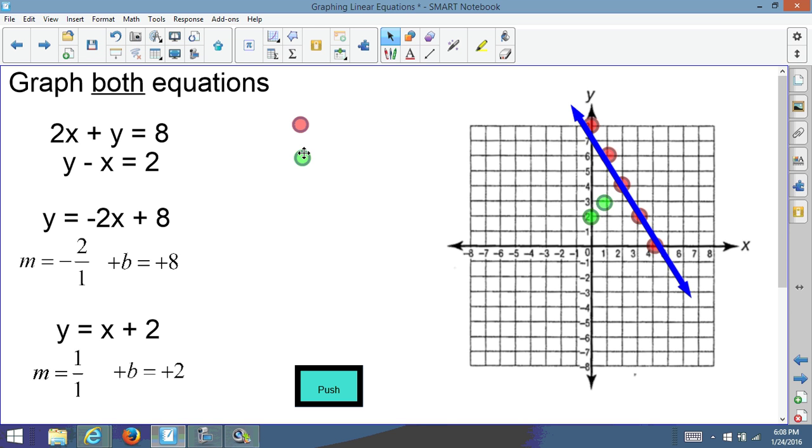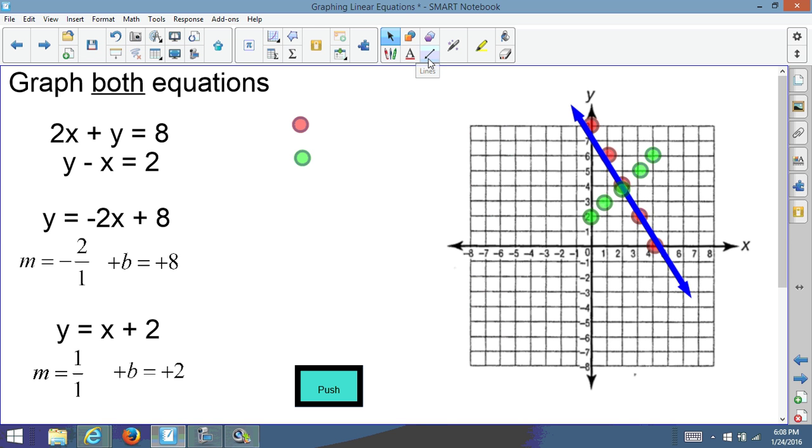Let's get another green dot, go up 1, over 1. And notice this one is already there with the red dot, so that's a special point. So let's go up 1 from here and over 1. Let's try it again, go up 1 and over 1.